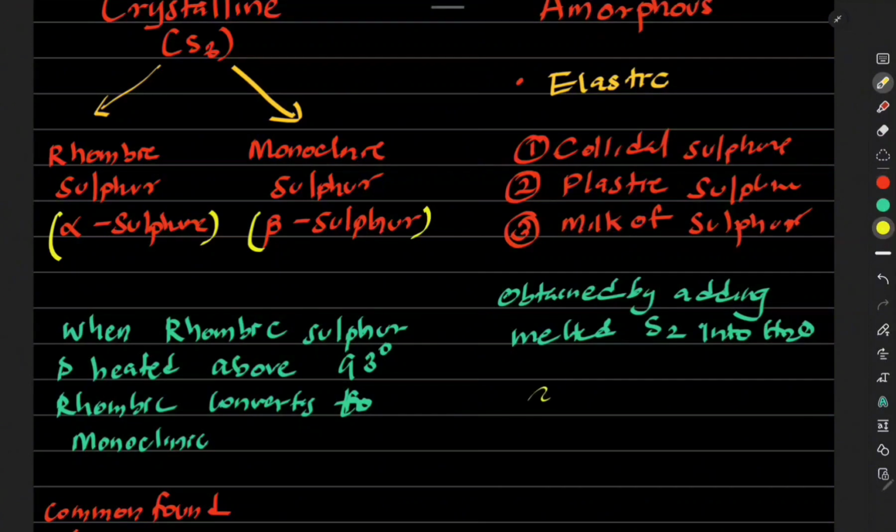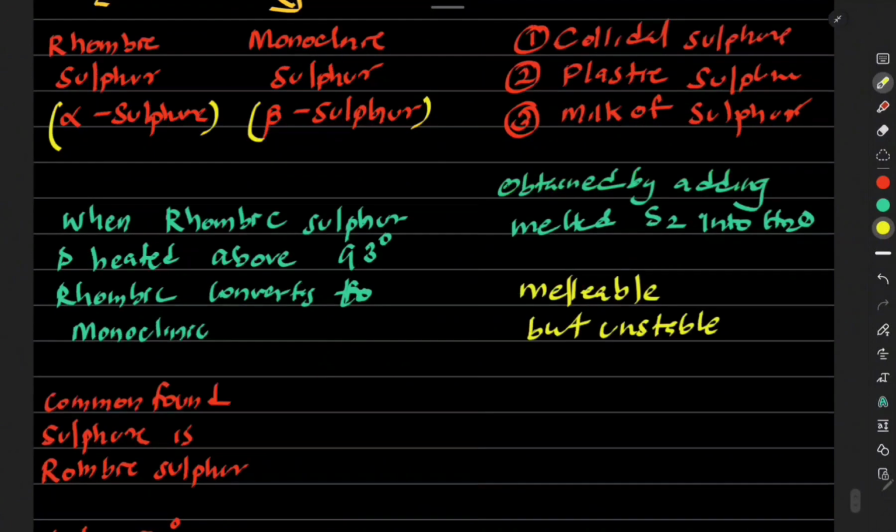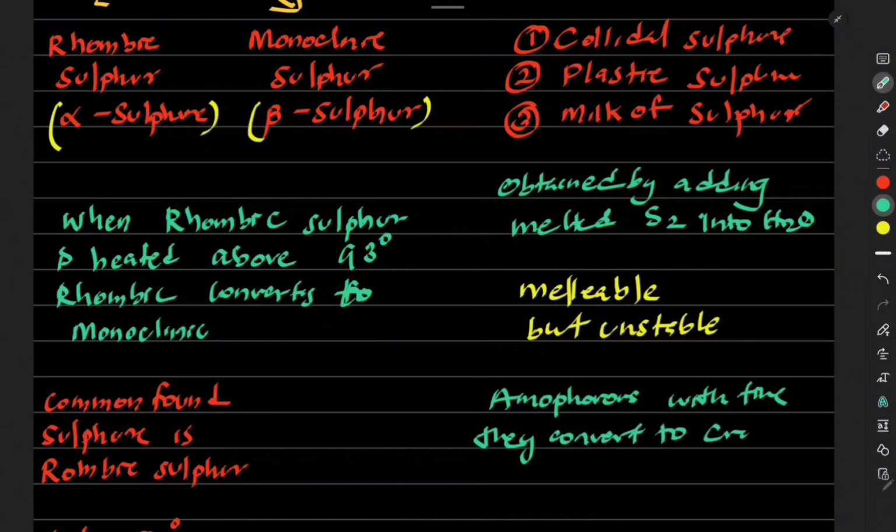They are malleable but unstable. With time, the amorphous form converts to the crystalline form.